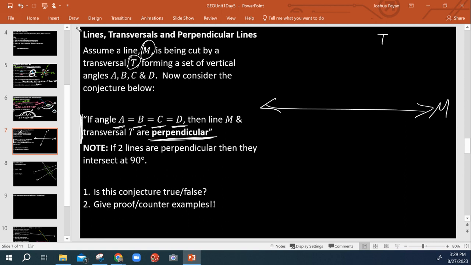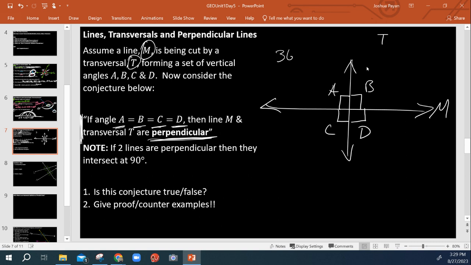So we know on a pair of vertical angles, their sum is always 360. So if angle A is 90, we'll just say this is A, and so too is angle B, and so too is angle C, and so too is angle D, right? And they're all four equal, okay? And there's four of them.